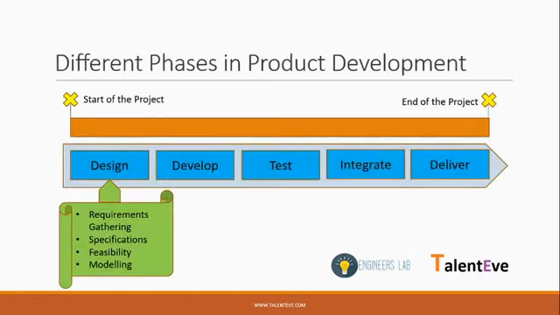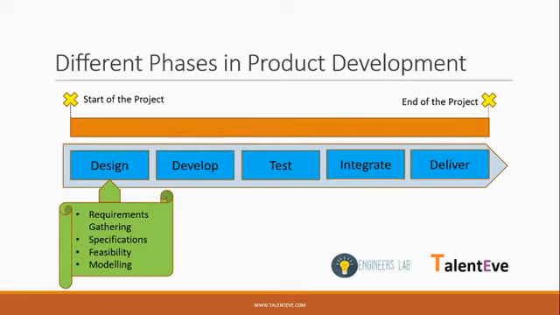Before going to that, let us see what the different phases in product development are. When a product is developed, there are different phases where you start the project by gathering requirements, and then you develop the specifications, do a feasibility study, and then you model the things.